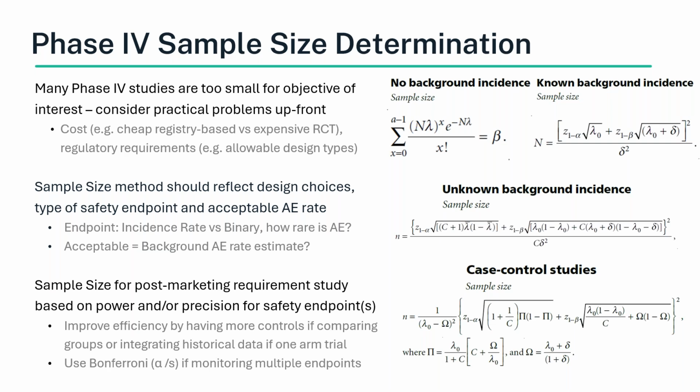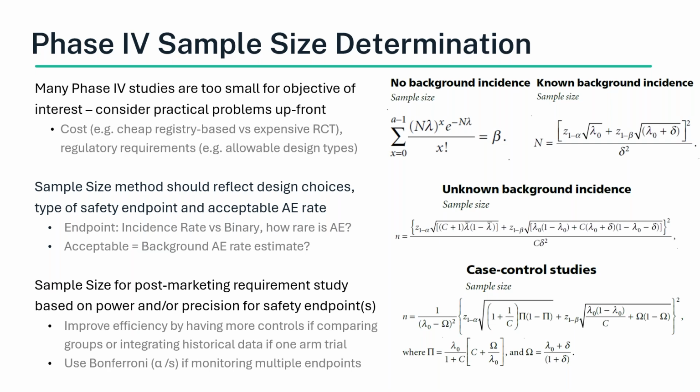The sample size method should reflect those upstream design decisions, like what the endpoint is, what the design is, etc. And take into account what the acceptable adverse event rate is. Is it literally one adverse event for a serious adverse event like cardiac arrest, where the drug could be got rid of because of that? That's very different from saying 1% of people have an adverse event, doesn't matter what it is, and we don't want to be any higher than 1%.